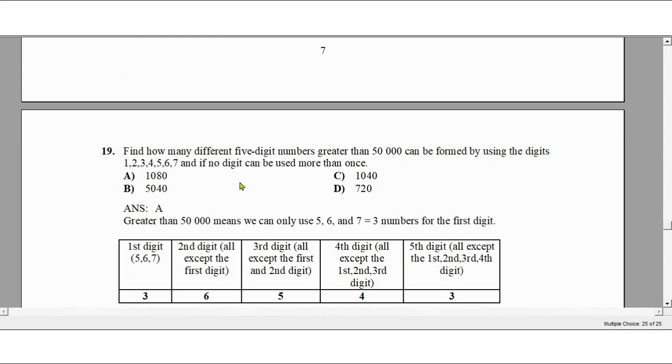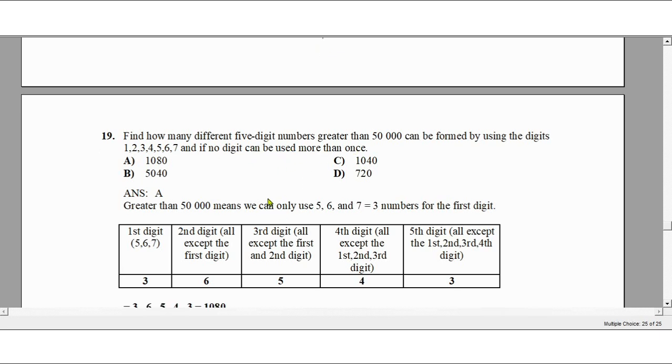Number 19. This one is a harder question. Find how many different 5-digit numbers greater than 50,000 can be formed by using the digits 1 until 7 if no digit can be used more than once. So many restrictions there.